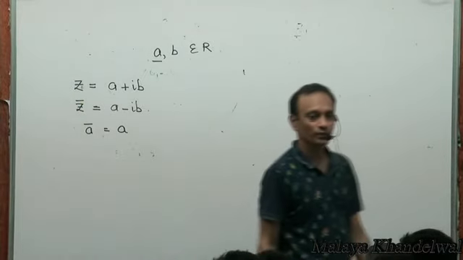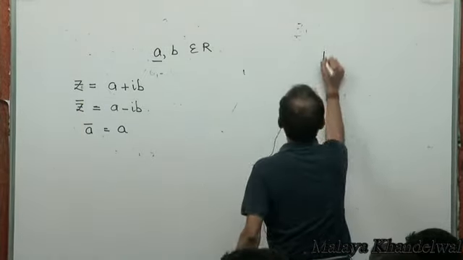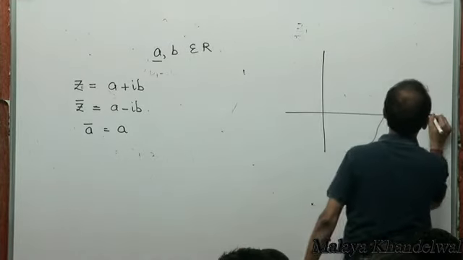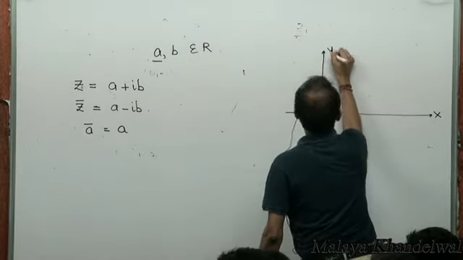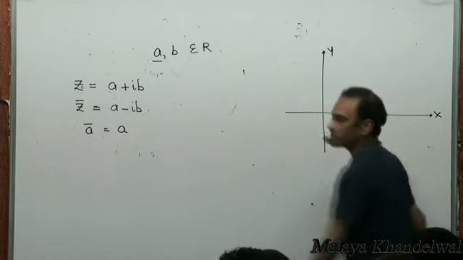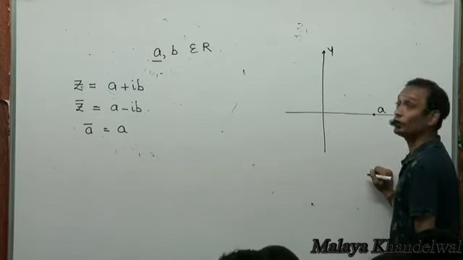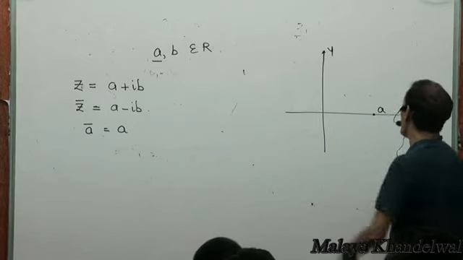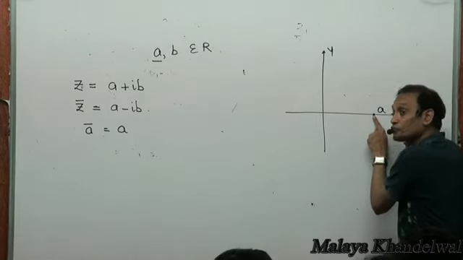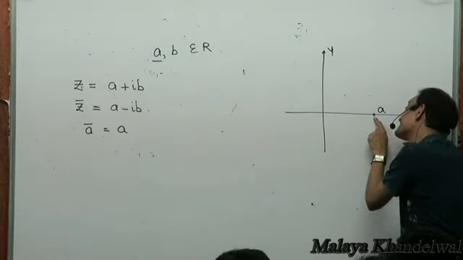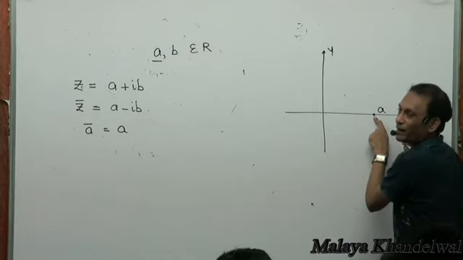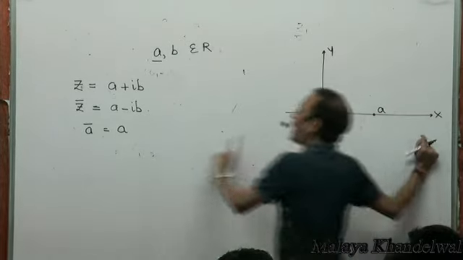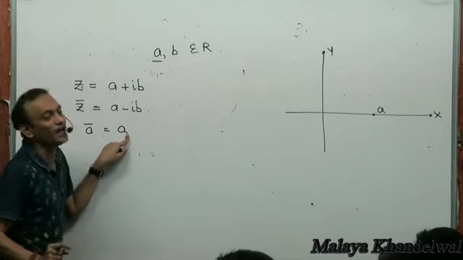Yes or no? Why? See, a purely real number lies on the x-axis. So A will lie on the x-axis. If A is a purely real number, it will lie on the x-axis anywhere. Right? Its mirror image about the x-axis would be this only. That means this number coincides with its bar. So bar of a purely real number is going to be the number itself.